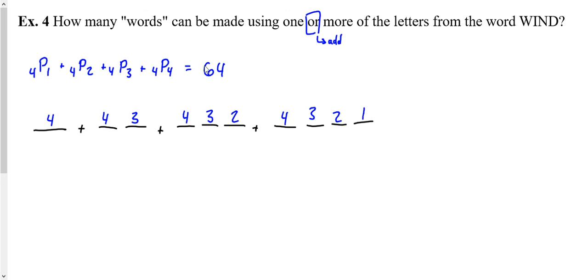Knowing that these are all multiplication in between, if I did a quick evaluation, this is the same thing as saying 4 plus 12 plus 24 plus another 24. And there you go. If you added all this up, this still gets you to the answer of 64. So again, 2 different ways to do this, 1 using an equation or 2 using FCP.